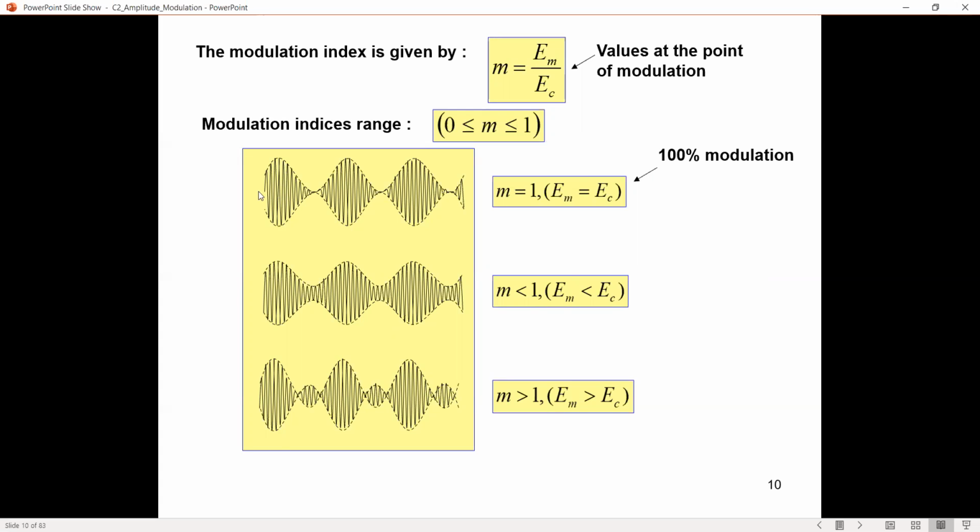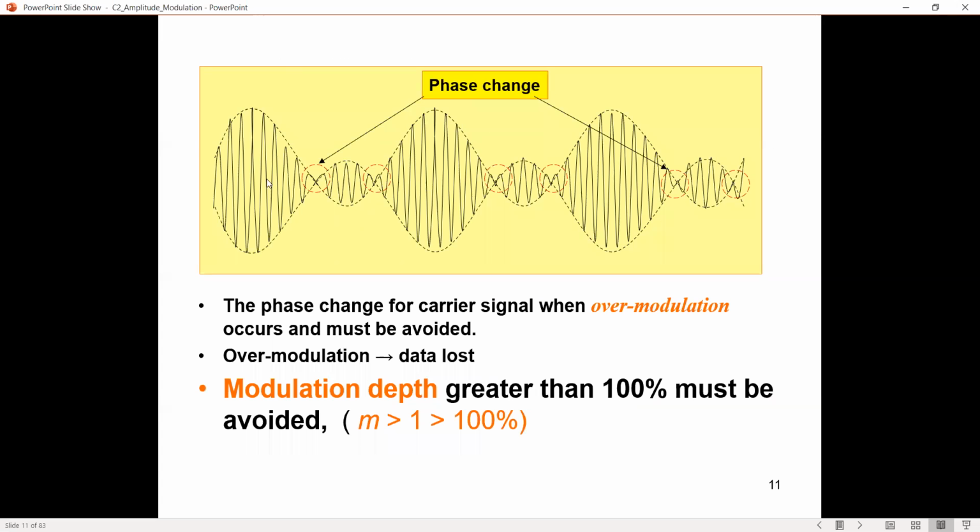At the detection, it will take one of the cycles, like the positive cycles, and then detect the envelope of our AM signal. So if the positive and negative are mixed, and the envelope takes only the positive, then it won't represent the original information signal.